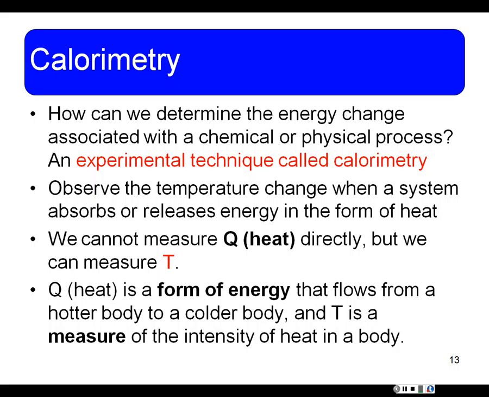So heat is the form of energy, and temperature is the measure of the intensity of the heat in the body. Experimentally, to do this, we perform a technique that's called calorimetry. You're going to do this in the lab, so it's kind of a segue into that. And we're going to look at the temperature change.